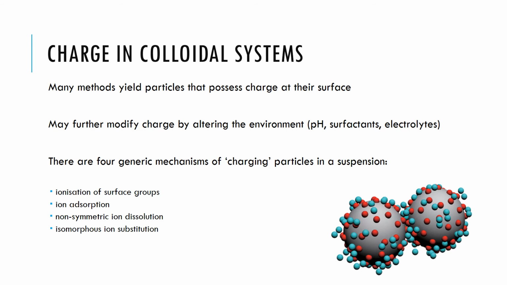Some use electrolytes, so some might just simply change the ionic atmosphere of the suspension or the solution in which the particle sits. But there are four generic mechanisms of what I call charging particles in suspension, i.e. adding charge to a particle. And I want to just spend the rest of this lecture having a look at those four methods.